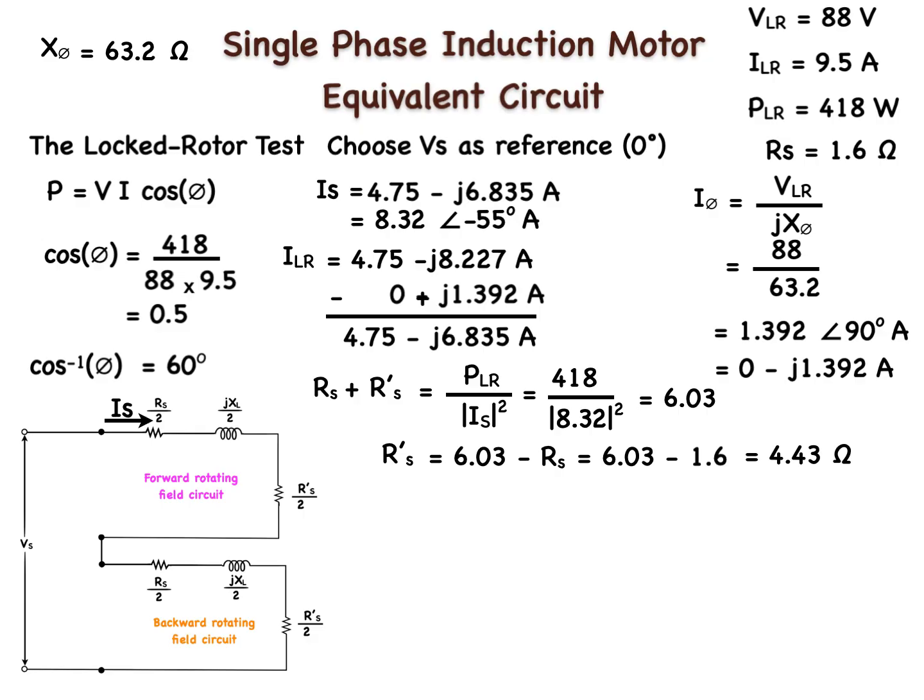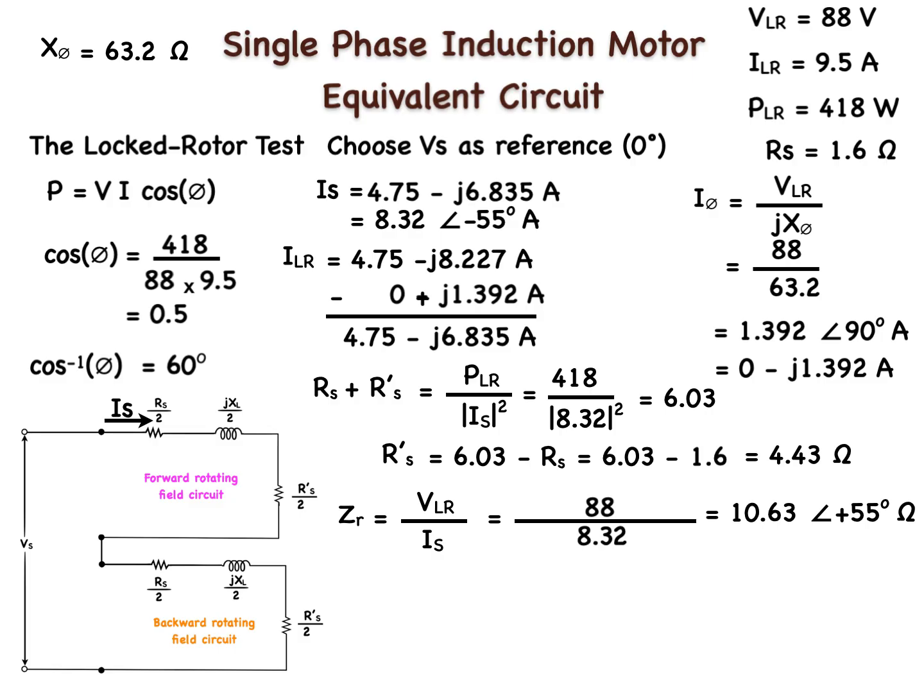Now we still have one more parameter to calculate, and that is the leakage reactance XL. We start by calculating the total impedance of our series circuit, ZR, which is equal to the locked rotor voltage all over the stator current IS. We have already calculated these values and can substitute them, so we have 88 divided by 8.32 to give us 10.63 at plus 55 degree ohms.